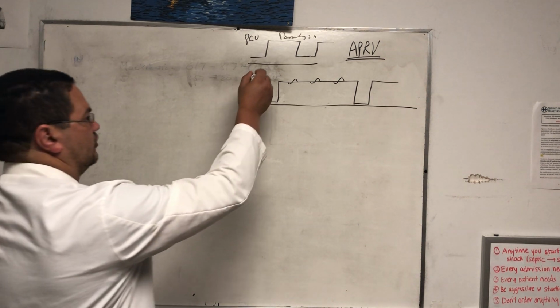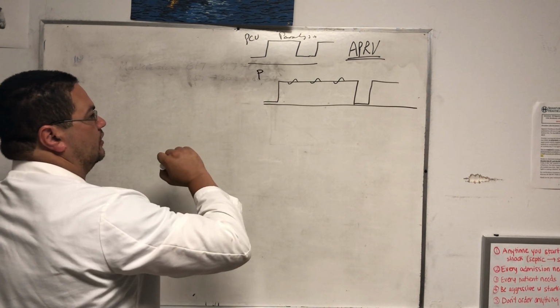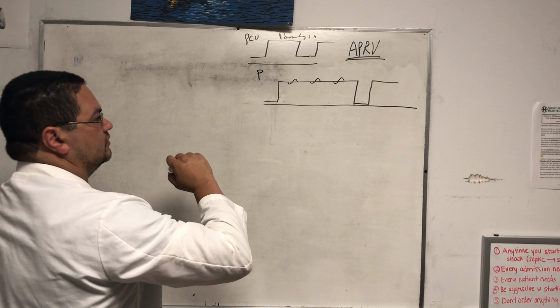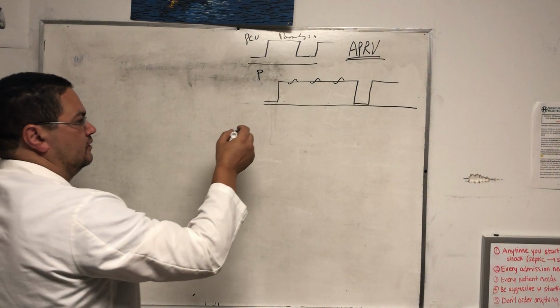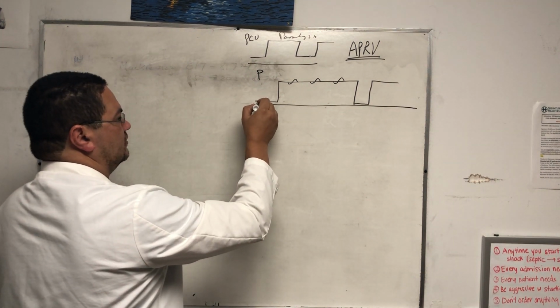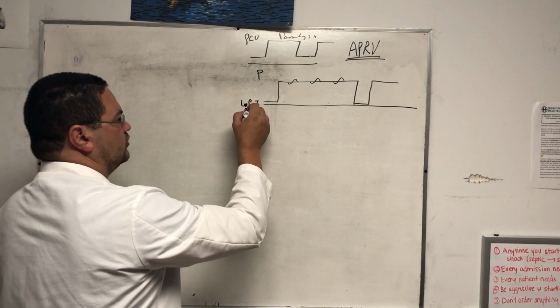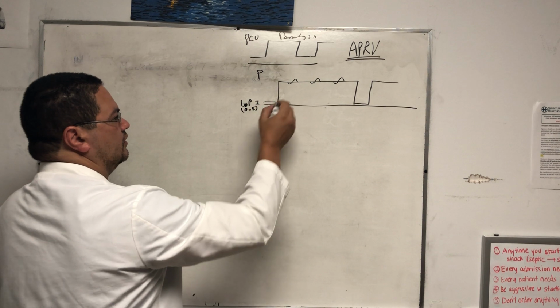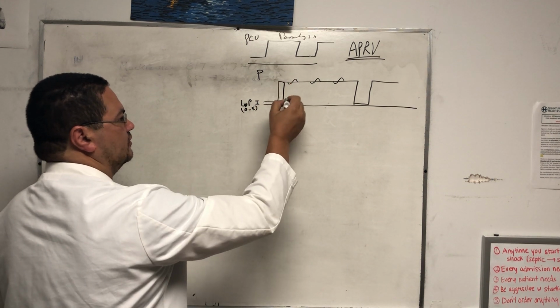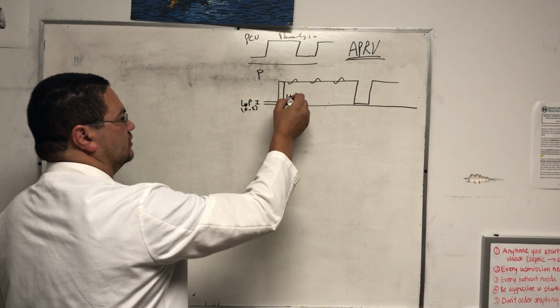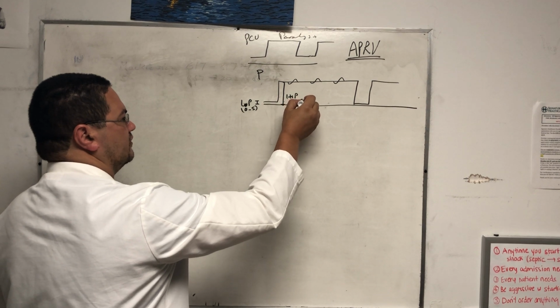So that's the pressure waveform, obviously. Let's talk about the set parameters. From here to here is called low pressure, and that ranges between 0 to 5. And from here to here is the high pressure, and that ranges between 25 to 35.